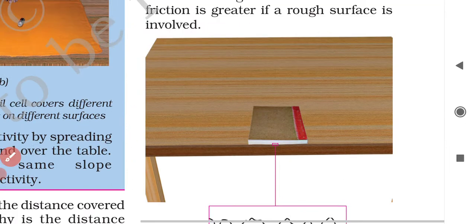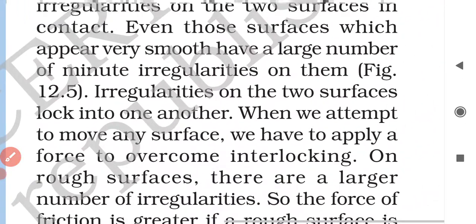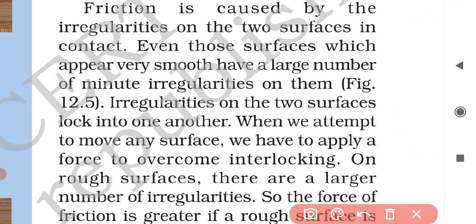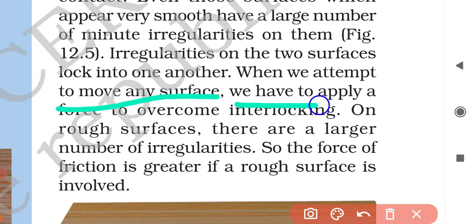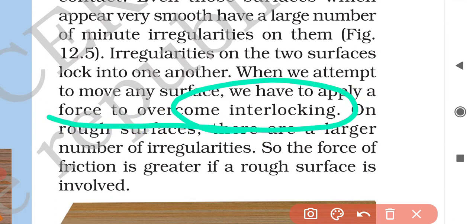The irregularities on the two surfaces lock into one another when they attempt to move. So when we attempt to move any surface, we have to apply a force so as to overcome the interlocking.